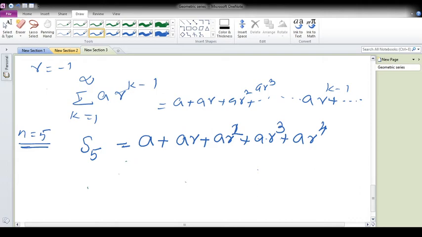So first term, second term, third term, fourth term, fifth term. In the case of r equal to minus 1, we get a minus a plus a minus a plus a. So a minus a is 0, a minus a is 0, we got a.